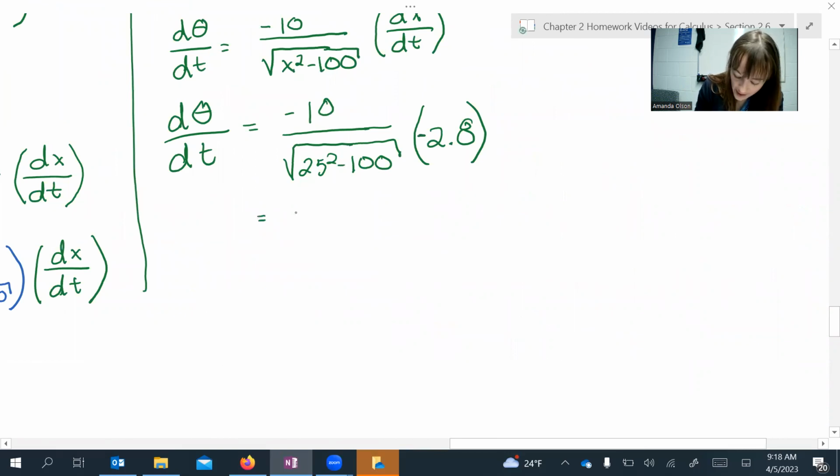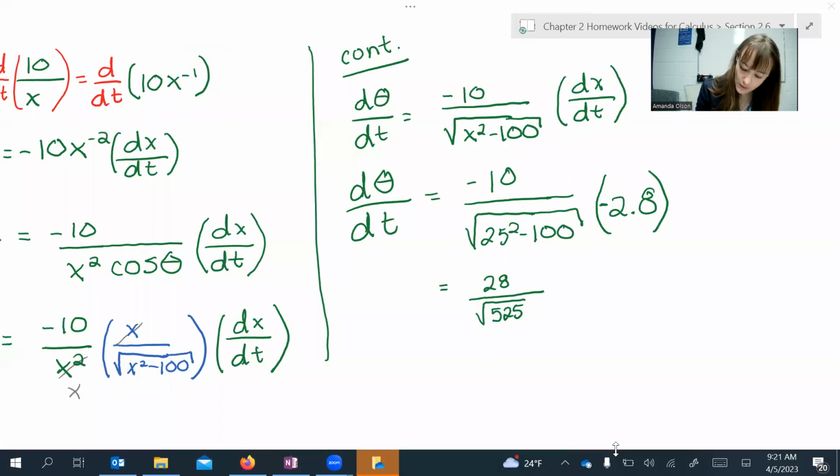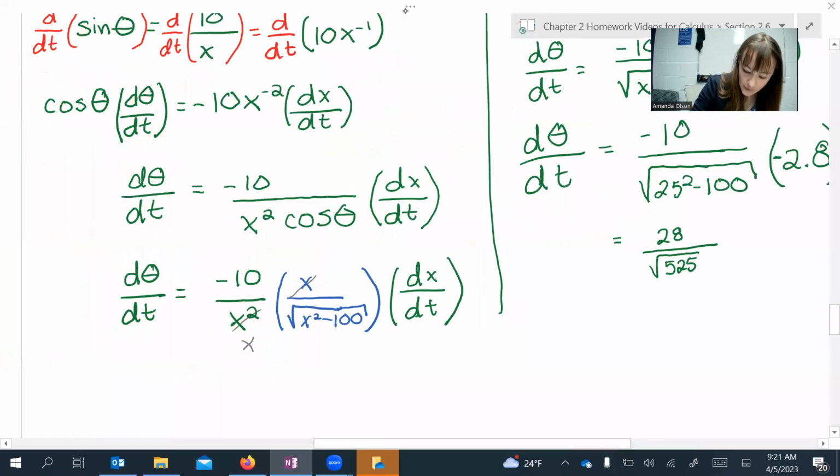So from there, I have 28 over the square root of 525. Okay, and I just realized I dropped the x over here and I never put that back in.